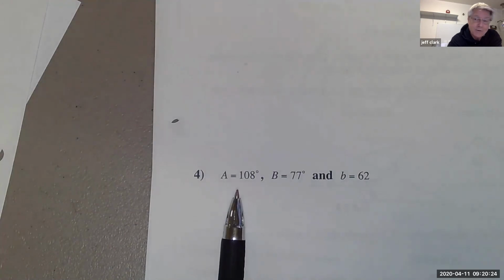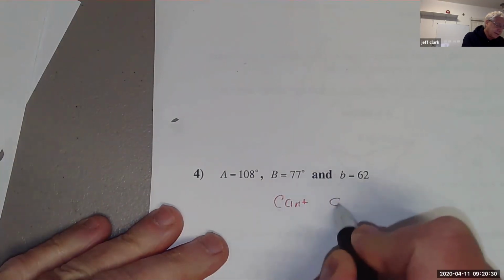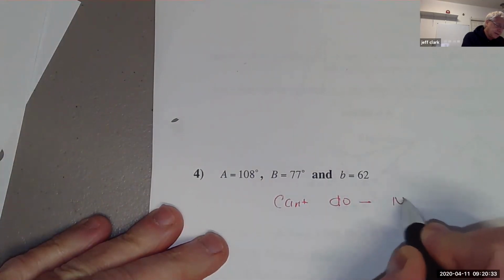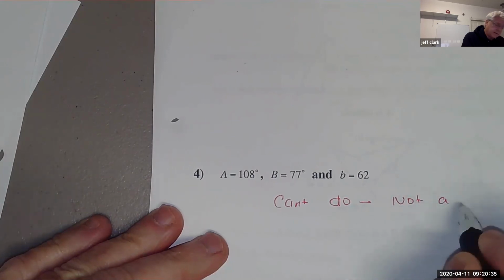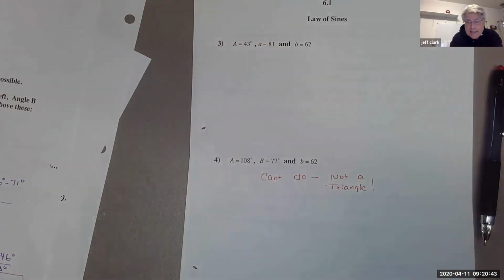It doesn't even form a triangle. So you can't even do it. Can't do this one. Impossible. So there might be a problem or two assigned in the textbook. Keep a lookout for something like that one.